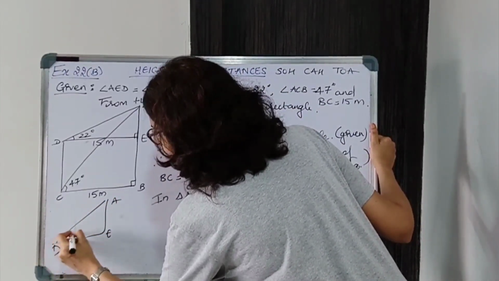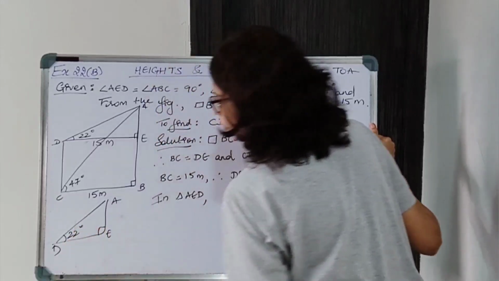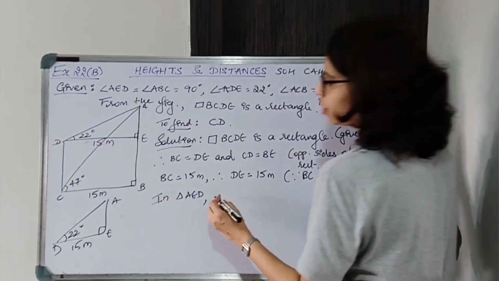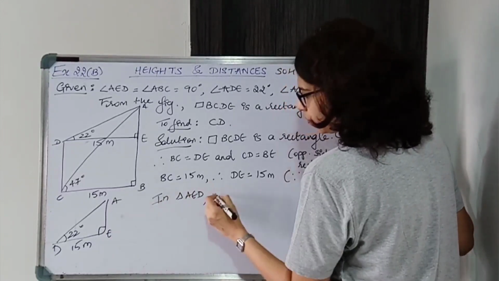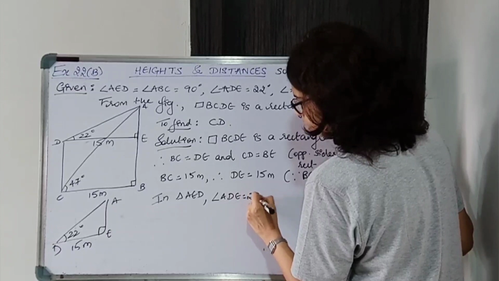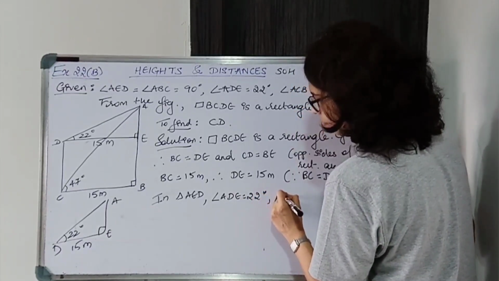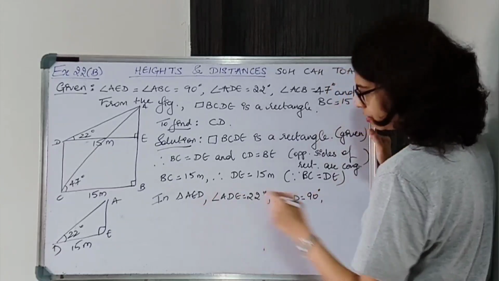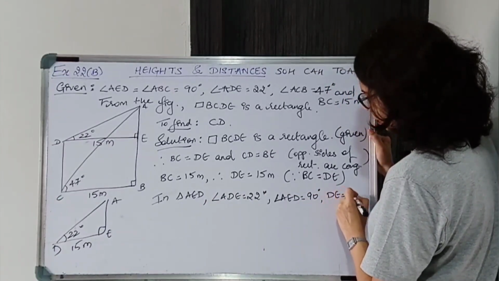Now in AED we know angle ADE is equal to 22 degrees, angle AED is equal to 90 degrees, and DE is equal to 15 meters.